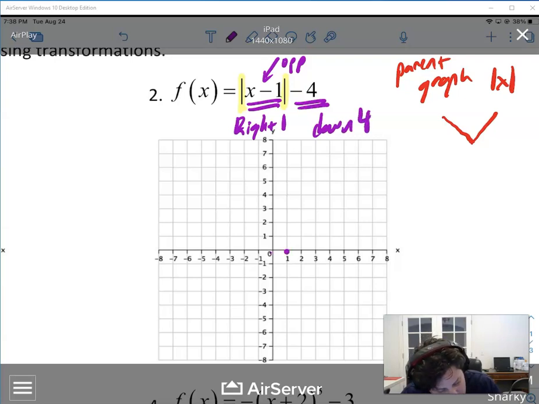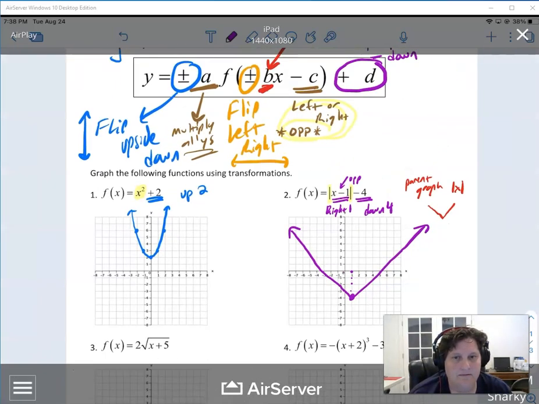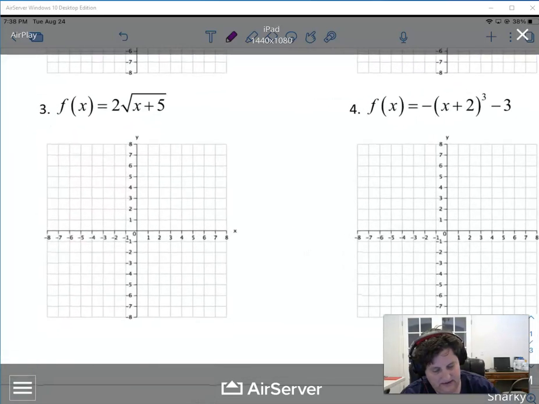So if I go right 1, down 4, then I can make my graph. Remember that this just makes a perfect V going up 1 over 1. You can just put your arrows on the end. Nice.